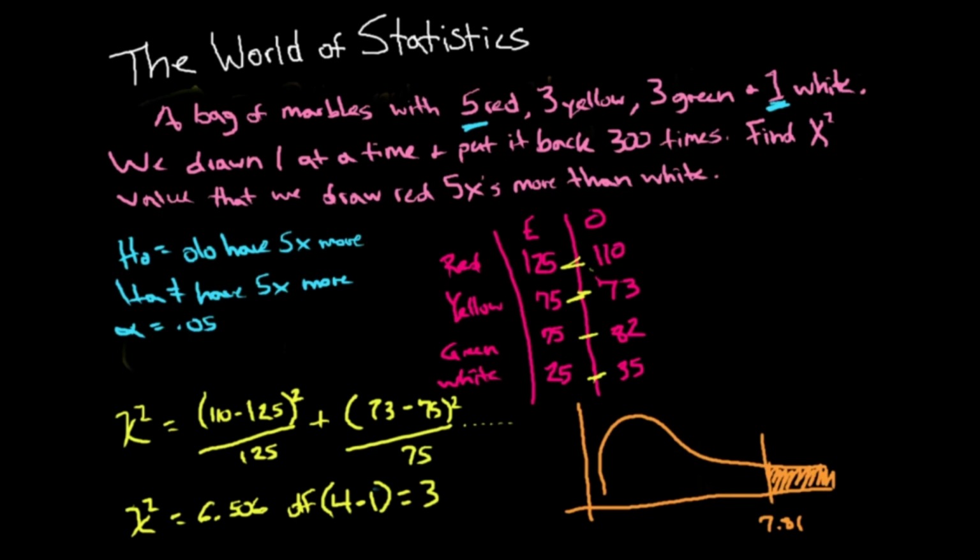And in this case, turns out our critical value is actually further away. So we actually observed a 6.506 value, which tells us that we do not reject the null hypothesis, and we conclude there's not enough evidence.